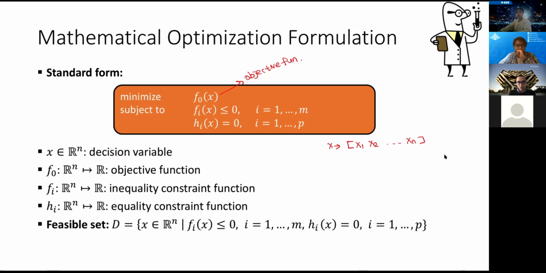Knowing the feasible set is a real asset in an optimization problem. We call this set D a feasible set if we can satisfy the constraints. Given x from R^n, if we can satisfy the constraints, meaning that fi(x) is less than or equal to 0, for i from 1 to m, and hi(x) is equal to 0, for i from 1 to p, then these solutions belong to our feasible set.